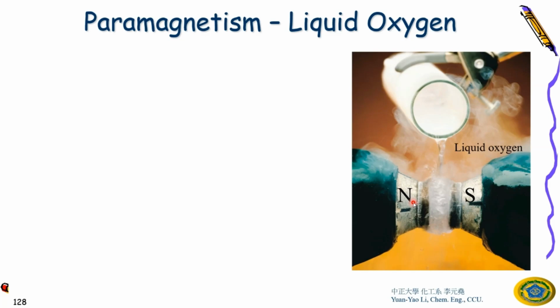When you pour the liquid oxygen into the gap between the south pole and north pole of a magnet, the liquid oxygen is trapped and stays there. Why? Because of paramagnetism: once the material is in a magnetic field, the magnetic domains align, and it stays there.